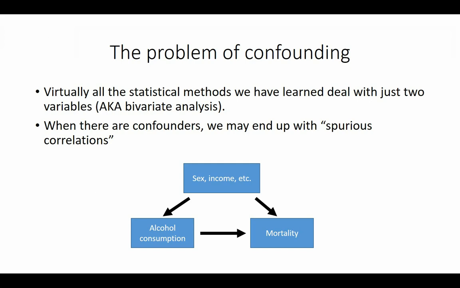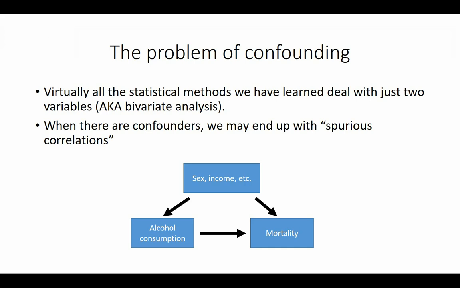So as a simple example, let's say that we're interested in studying the association between alcohol consumption and mortality. So we test it, and we see that there is indeed some positive correlation. Like we said in previous lessons, you cannot really conclude causality when you just see association.